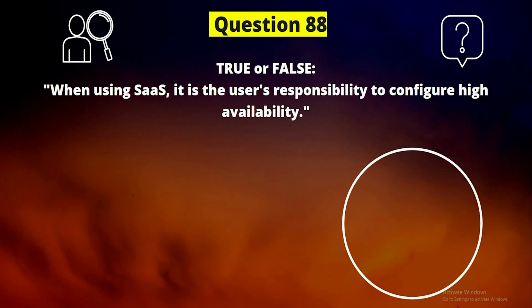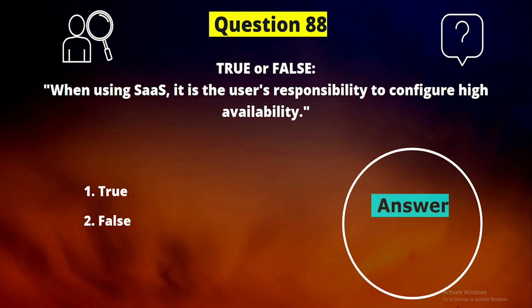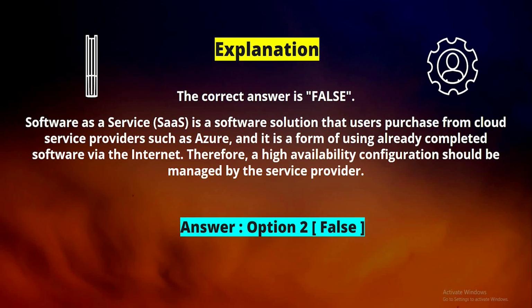Question 88. True or false? When using SaaS, it is the user's responsibility to configure high availability. And the options are option 1, true, option 2, false. And the correct answer is option 2, false. Explanation.